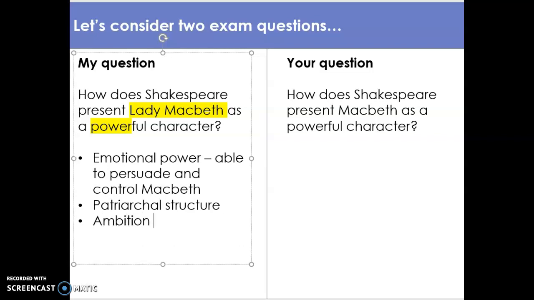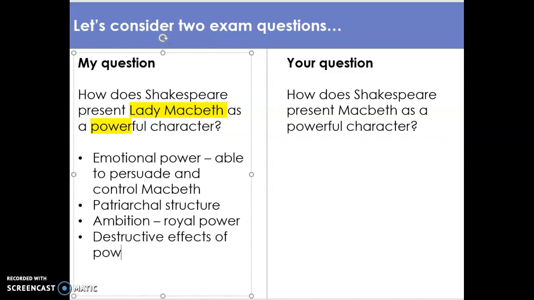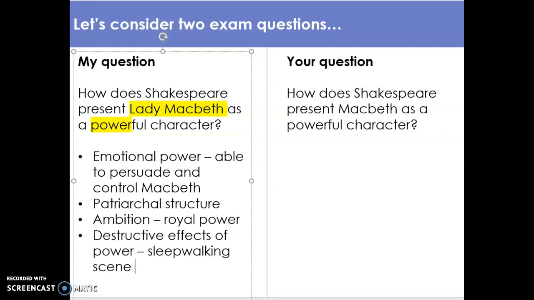We also can't really talk about Lady Macbeth and power without ambition, because what she is ambitious for is royal power, that ultimate power, that ultimate form of control that she so desires for her husband and herself. And then obviously we see through her the destructive effects of power, particularly in the sleepwalking scene. So Lady Macbeth, she craves power.